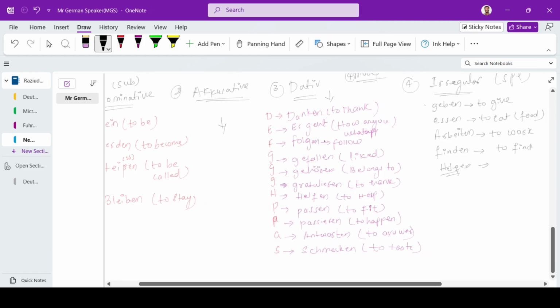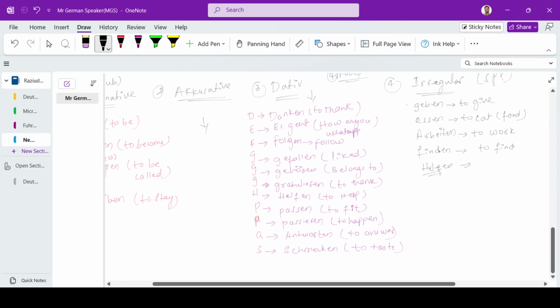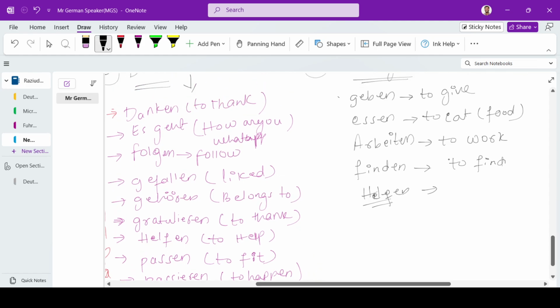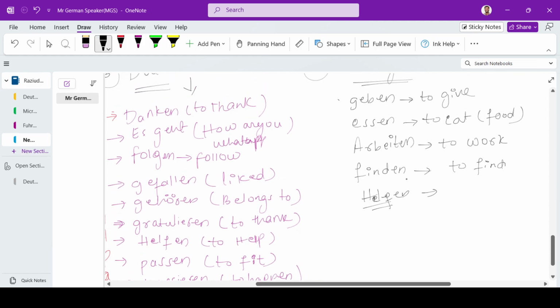So why, when we already have them here, do we categorize them specially again? Because these are the verbs whose form slightly changes when we use them. That's why the people in Germany have made them special verbs, irregular verbs, and we will see how they actually differ when we use them.